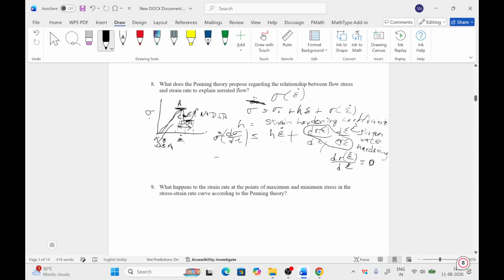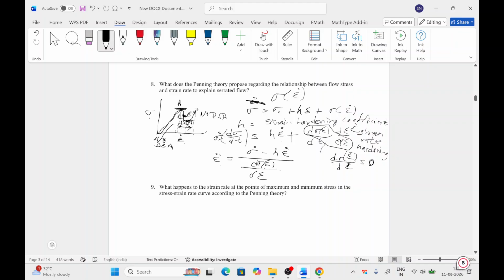So we can write it further: epsilon double dot will be sigma dot minus h epsilon dot, divided by d sigma epsilon dot by d epsilon dot. So when the denominator is zero, this epsilon dot will be infinite, means the strain rate will increase from the initial strain rate.